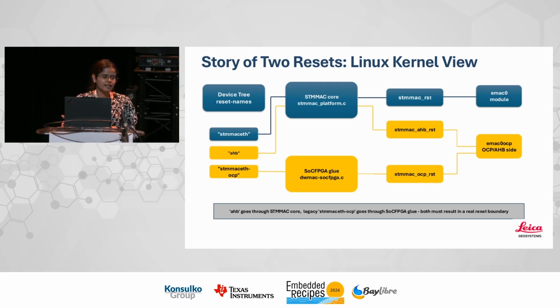This takes care of the OCP and AHB side so that your MAC can communicate with the SoC and later be in a stable condition to do DMA or any other transactions. And this OCP reset and EMAC reset, they both are needed to create a clear reset boundary.